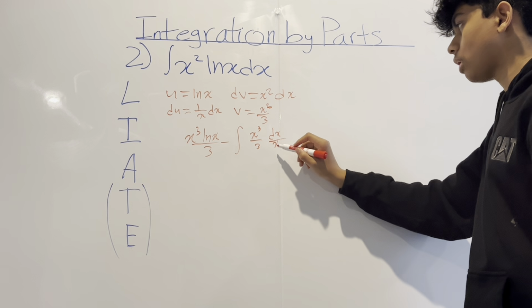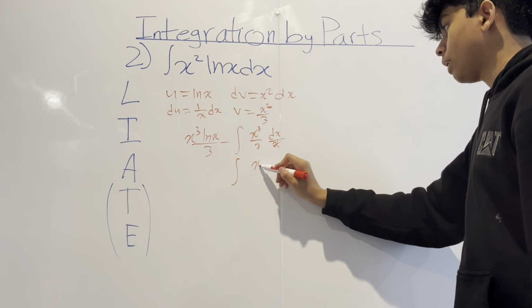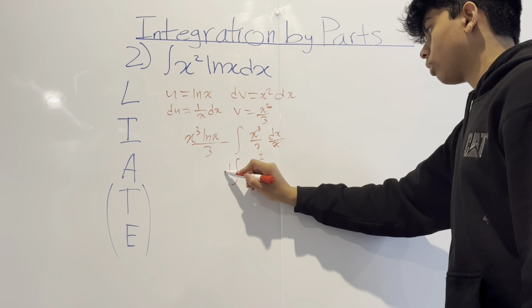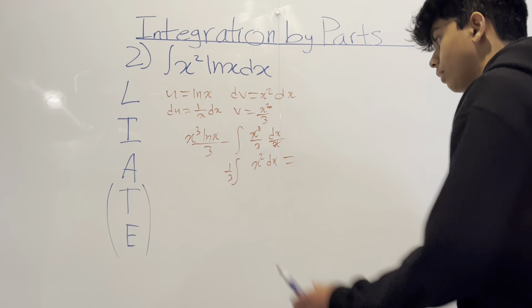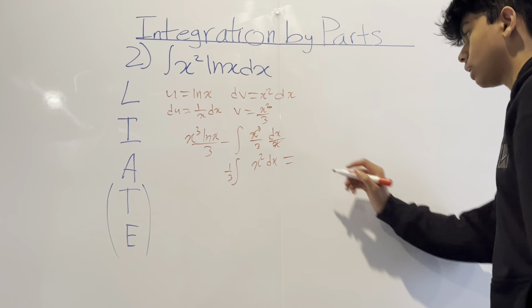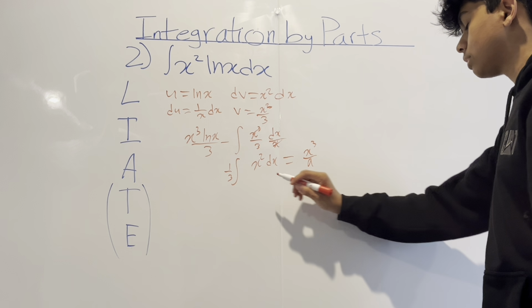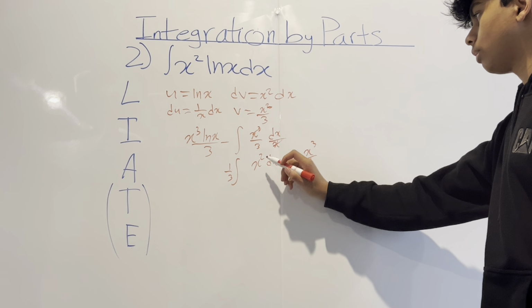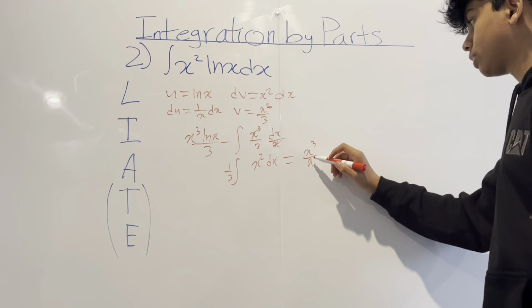Now we can cancel off this x, so we can simplify. This is going to be x squared times 1 over 3 dx, and this integral is just going to be x cubed over 9, because the integral of x squared is x cubed over 3, and that's divided by 3 again, so x cubed over 9.